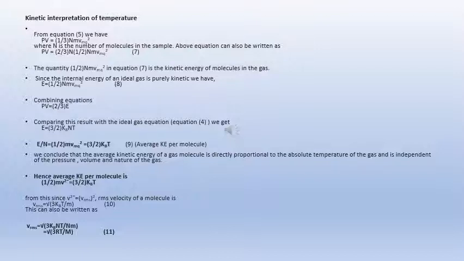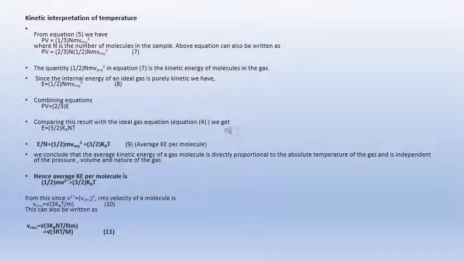Now, E upon N, which is the energy per molecule, is equal to half m V square, which is 3 by 2 kT. Thus, the mean kinetic energy per molecule is directly proportional to the absolute temperature of the gas and is independent of pressure, volume, and nature of the gas.